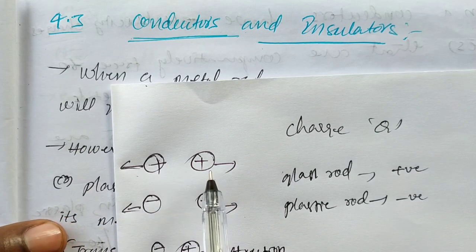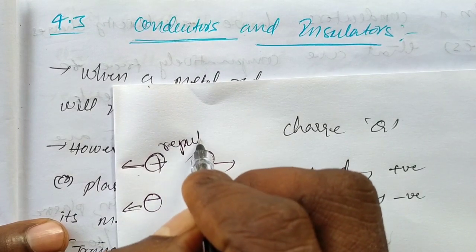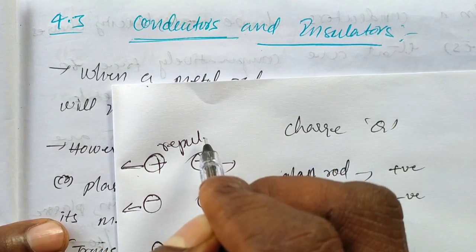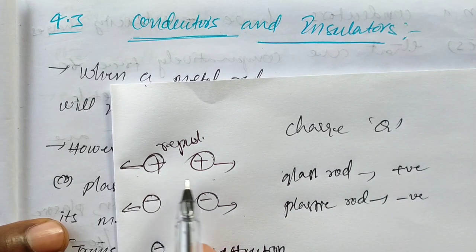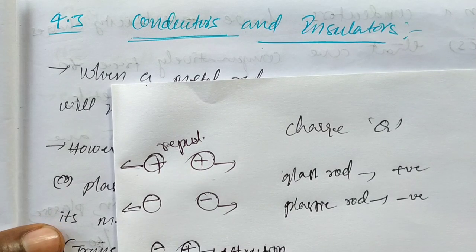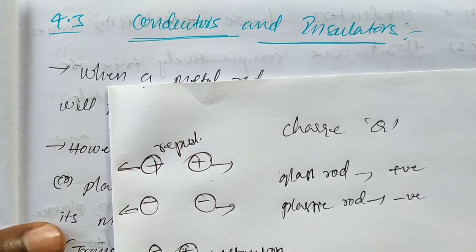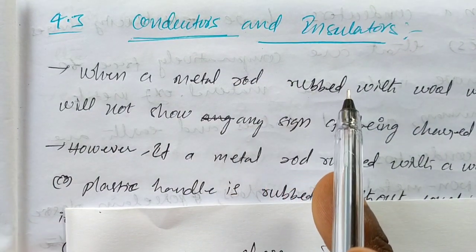Between like charges we get repulsion. That means like charges give a repulsion force, and in the case of unlike charges, an attraction force is formed. Now we will discuss conductors and insulators.